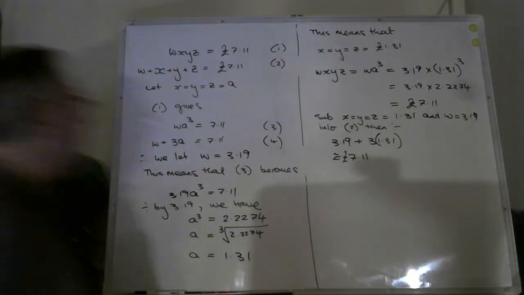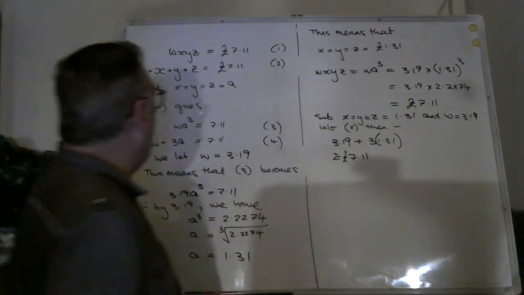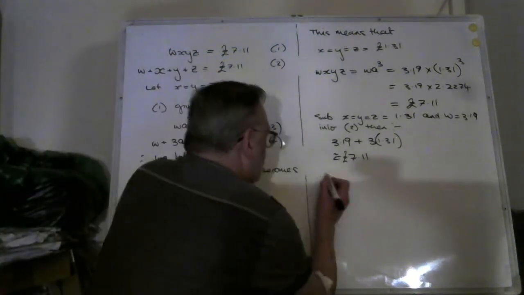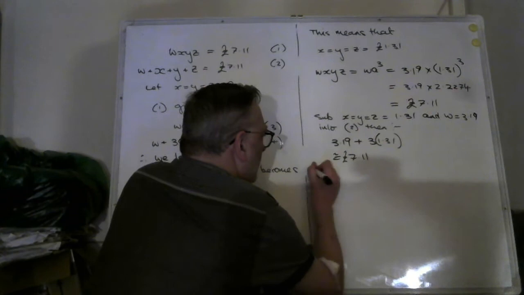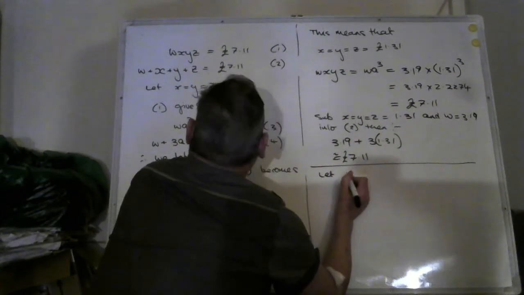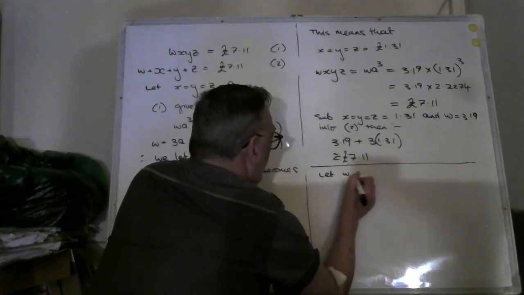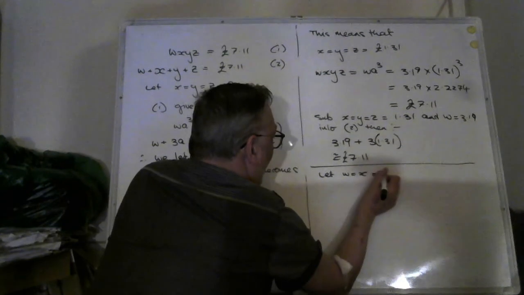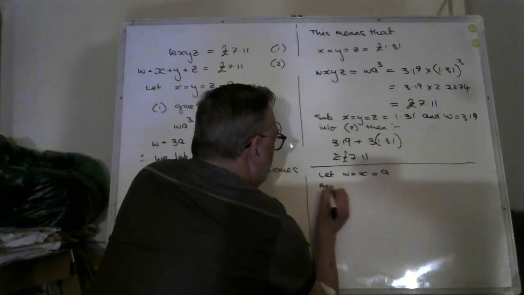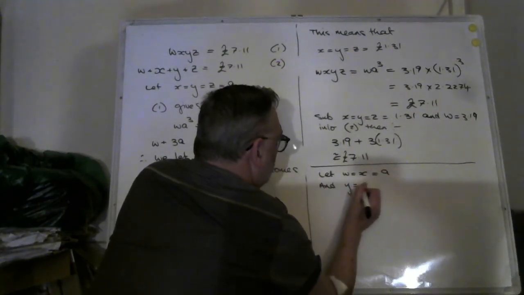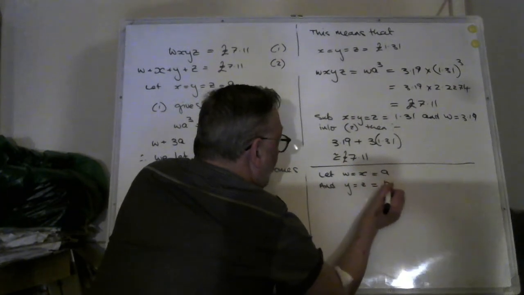I'll just quickly say another way that you could try is to let w equals x equals a and y equals z equals b, right?